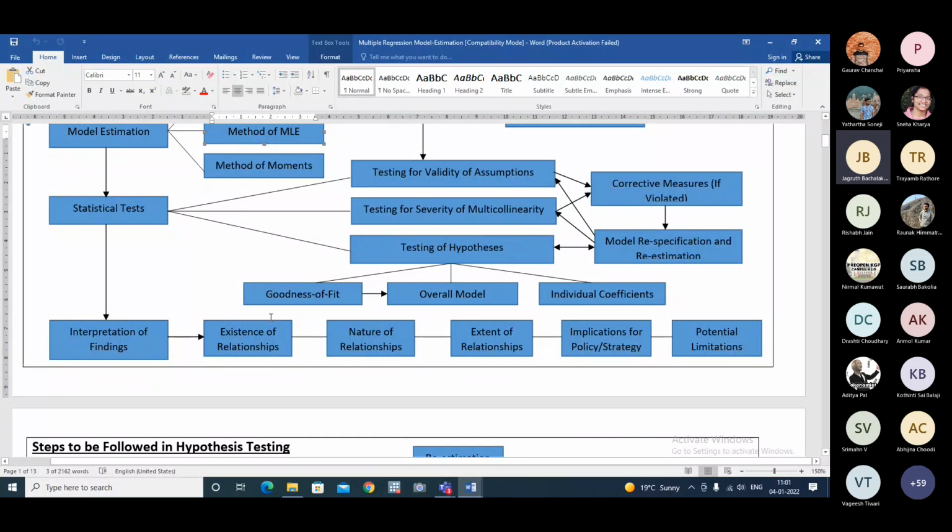Then we'll be looking at the goodness of fit, what basically we see in terms of R square value or adjusted R square value. And then we'll be seeing the statistical significance, sign, etc. of the individual coefficients.